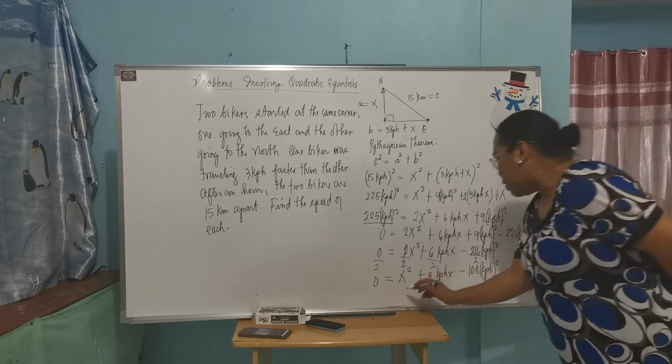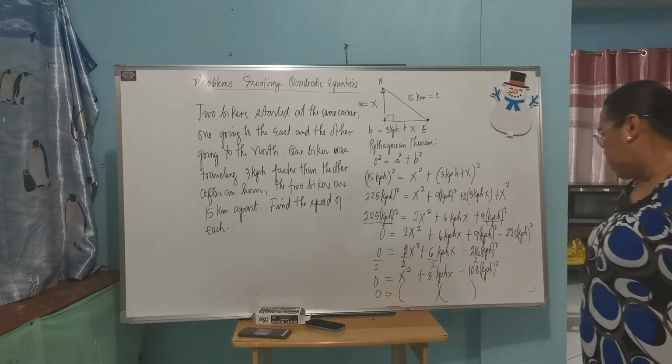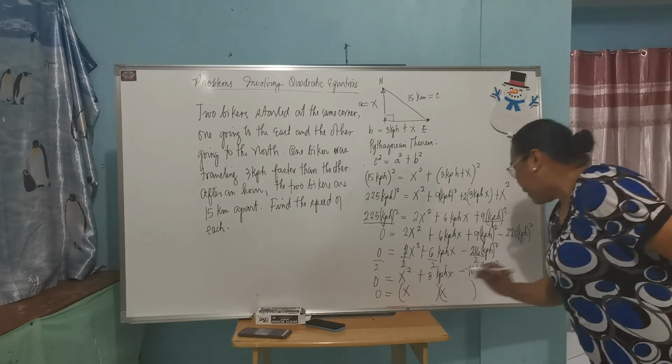Okay, so by factoring, let's factor out. So we have your x times your x.